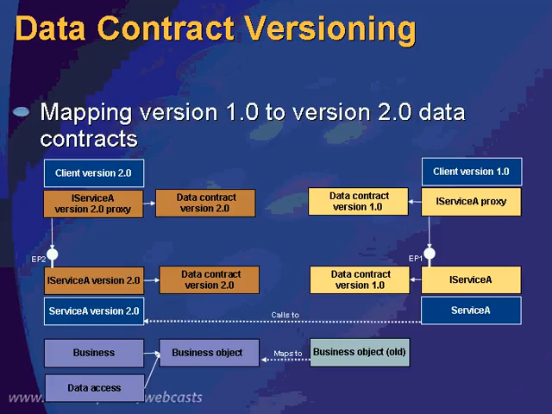Now the trick to this is that we need to do a mapping for the original clients. If we want to still share the same business code, then it's really important that when messages come in through version 1 clients, they'll deserialize automatically to the version 1 data contract, which actually goes to a business object that's a copy of the original.